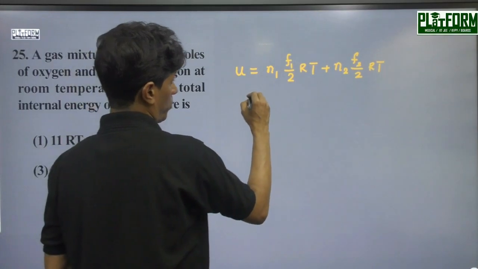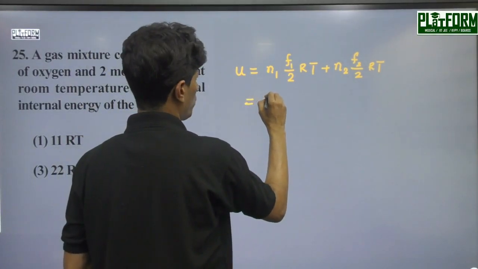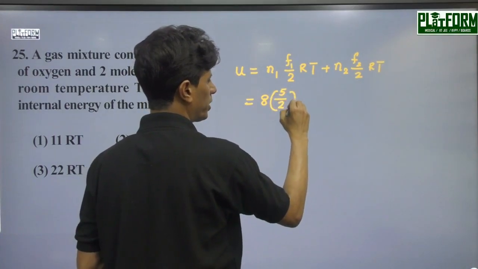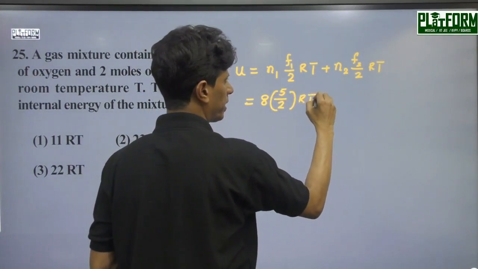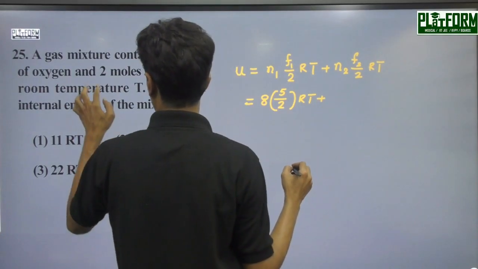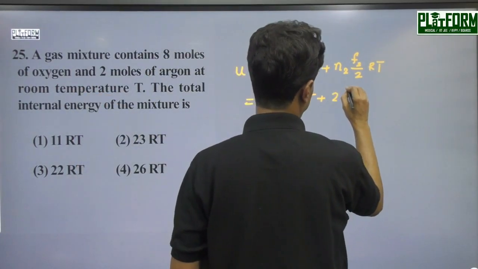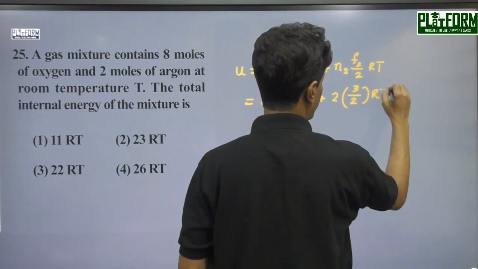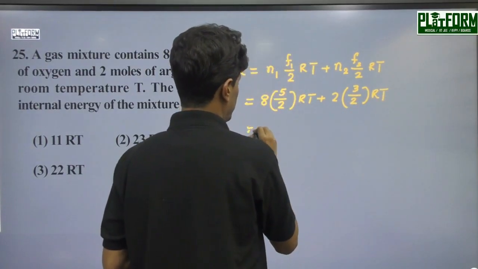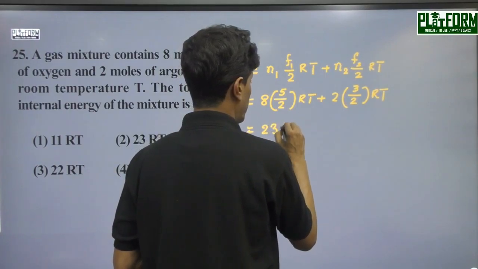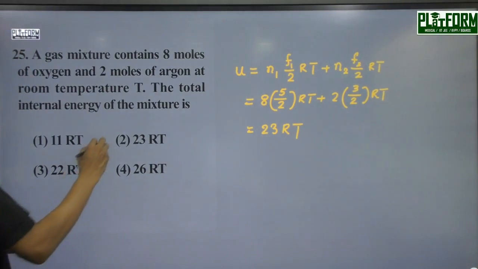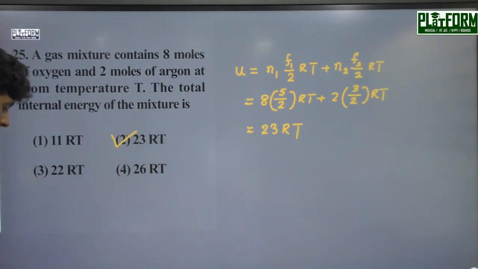For oxygen, that is 8 moles, degrees of freedom 5 by 2 into RT, and here 2 moles, degrees of freedom 3 by 2 into RT, and this is 23 RT. Correct option 2.